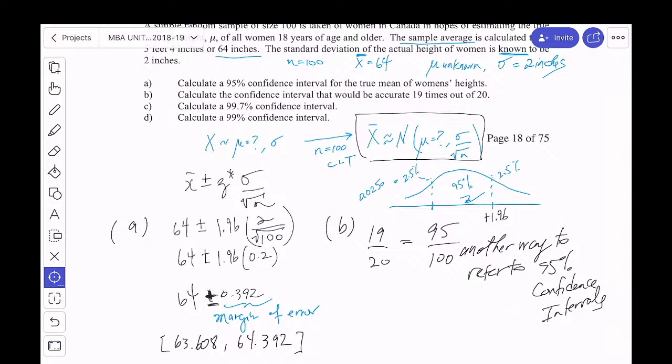And then I ask you to calculate this for a 99.7% confidence interval. Okay, so let's see. What will change? What do I have to do different than what I've already done for a 99.7% confidence interval?